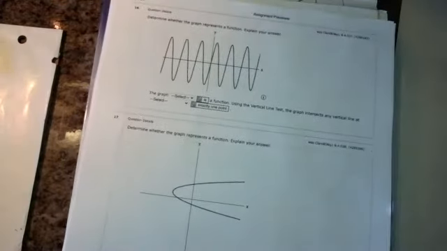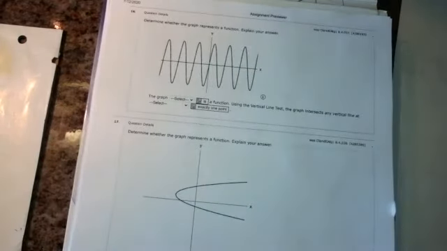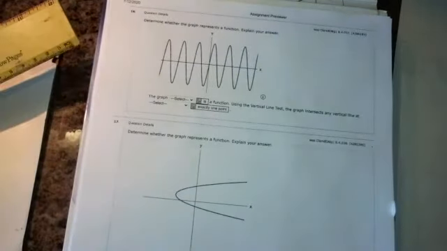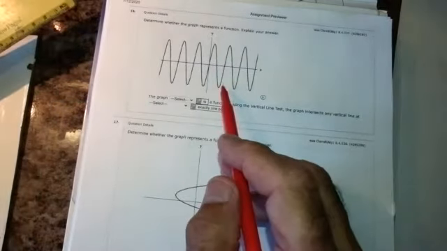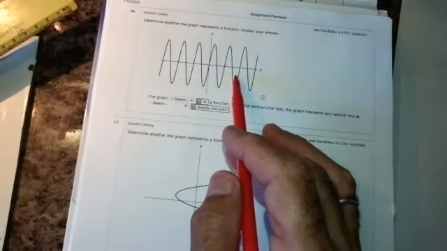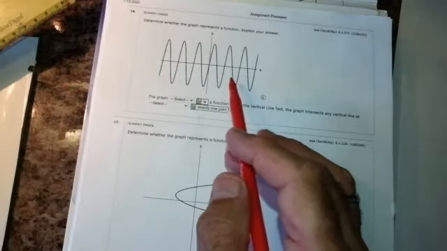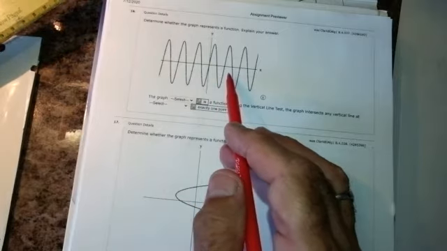There is another test, they call it vertical and horizontal test. That's if I give you a picture of the graph, because we don't know if it's a function or not, and we ask you to tell whether it's a function or not, there are two tests to do.